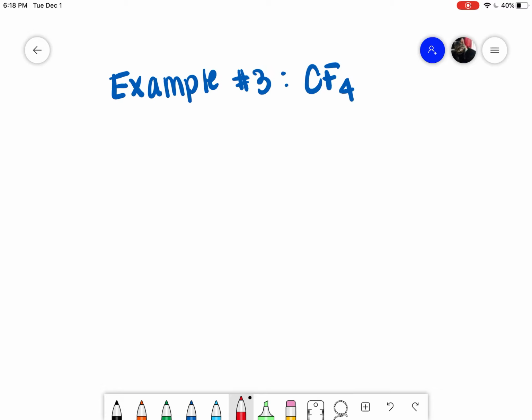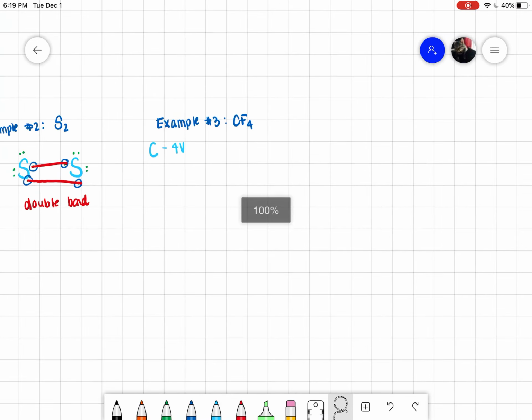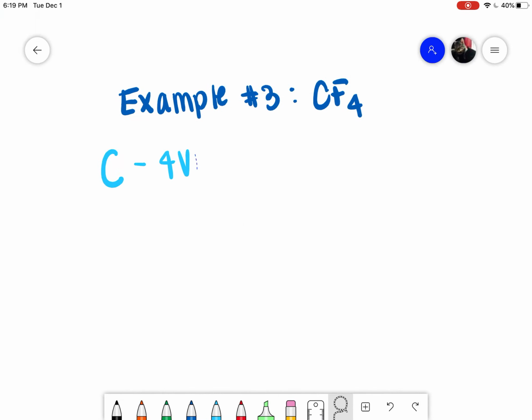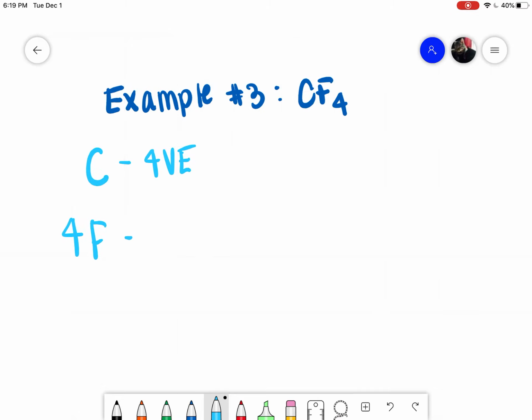And so our last one is CF4. So we know our carbon is going to have 4 valence electrons. And we have 4 fluorines, and they are going to have 7 valence electrons each.